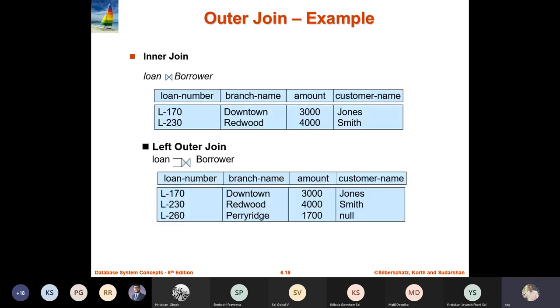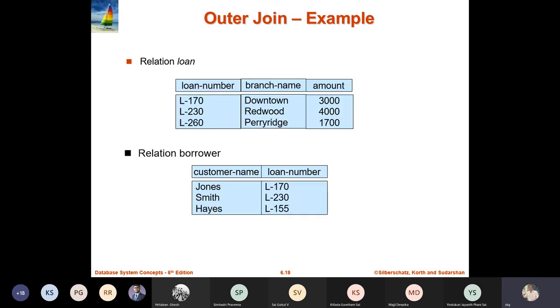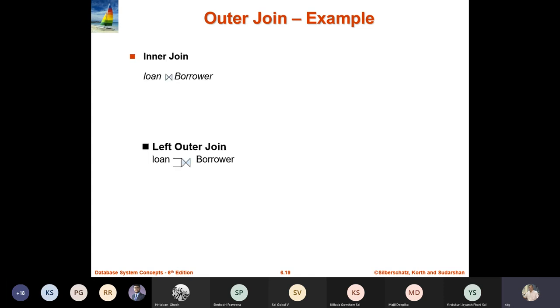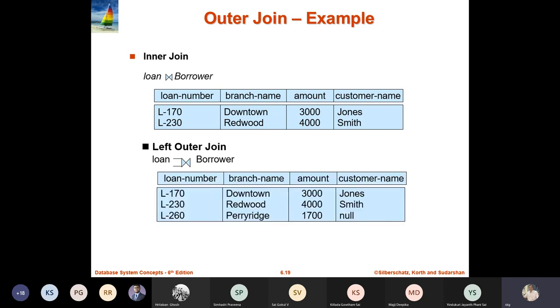Whichever is not present, like L260, is not there in the borrower, whereas there is an L155. We are not considering L155 for Hayes, but we take 260, since it is the left outer join. For 260, there is no customer with that loan, so it is kept as null.